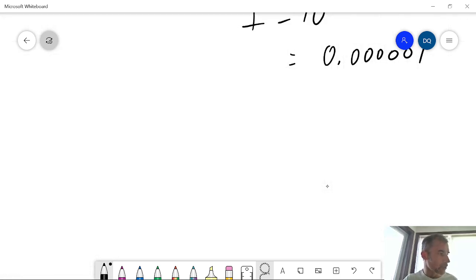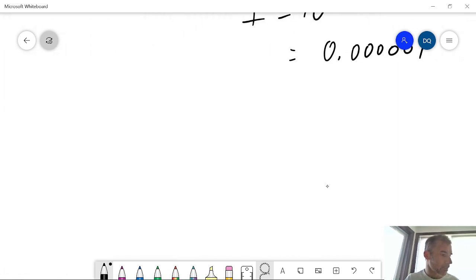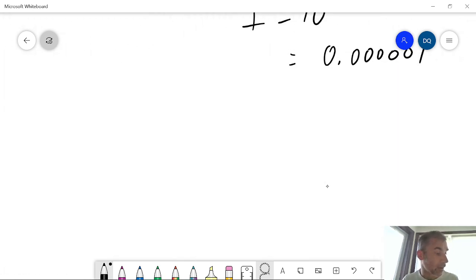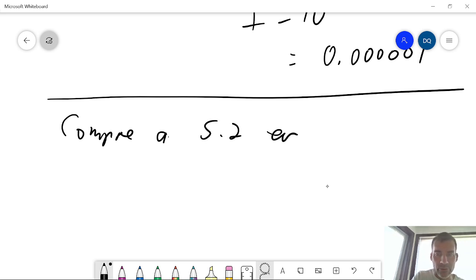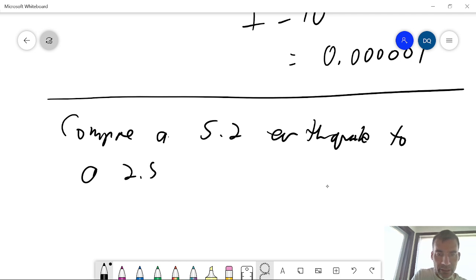Okay, let's do an earthquake example here. So we're going to compare a 5.2 earthquake to a 2.5 on the Richter scale earthquake.